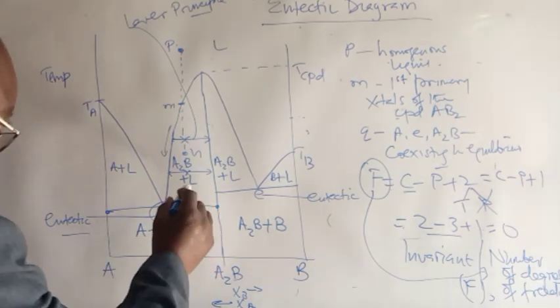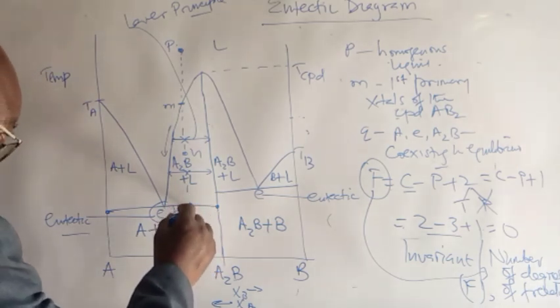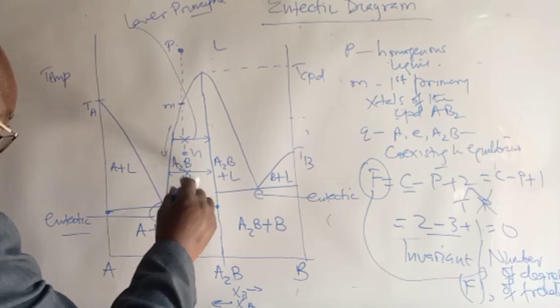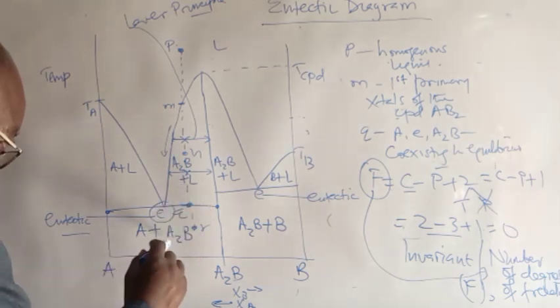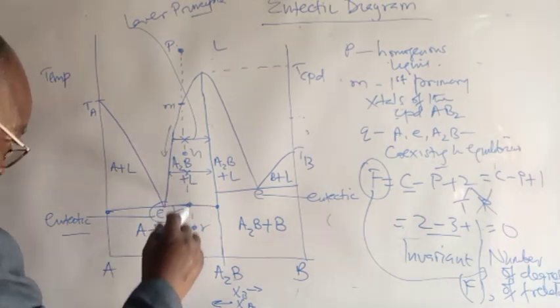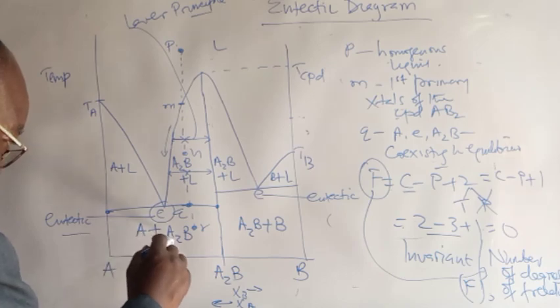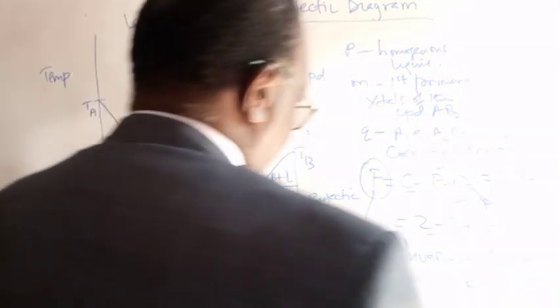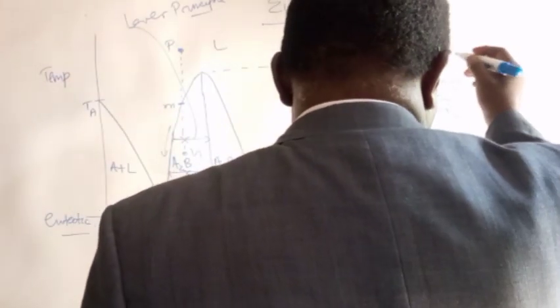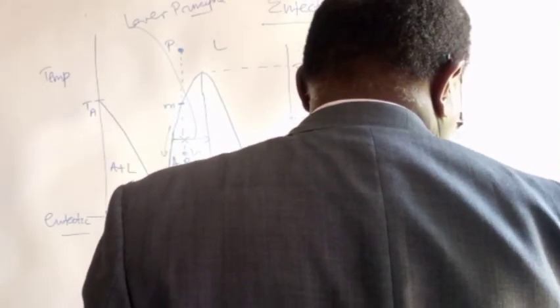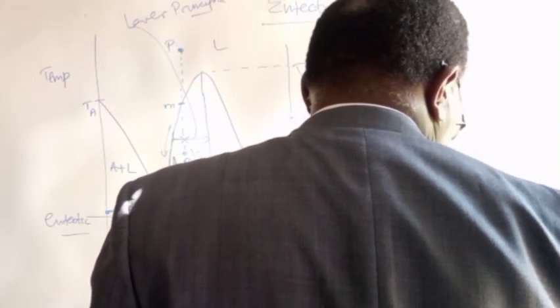But now notice that when we go to this quadrant, as we move from Q to R, there is no more liquid. Now we have A and A2B. All of it has been converted, so we now have A and A2B. At Q, the temperature is constant. Just mark that down: temperature constant.